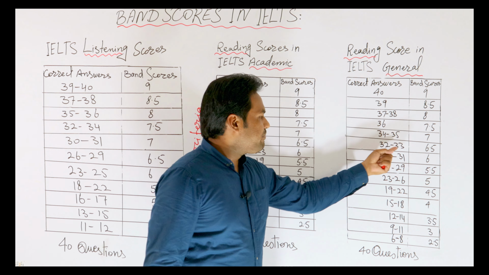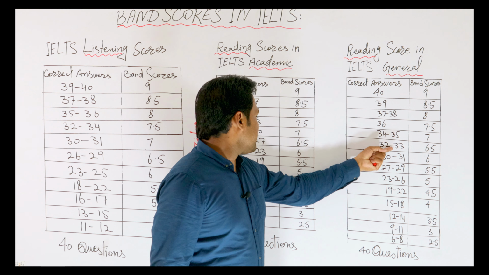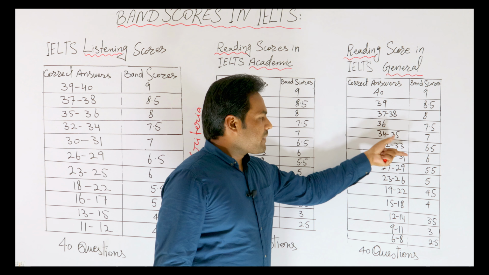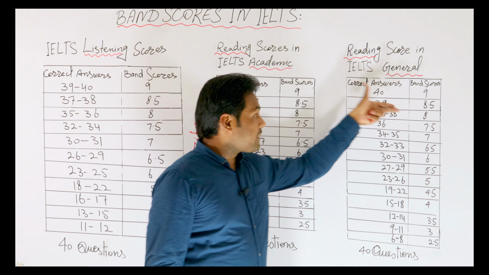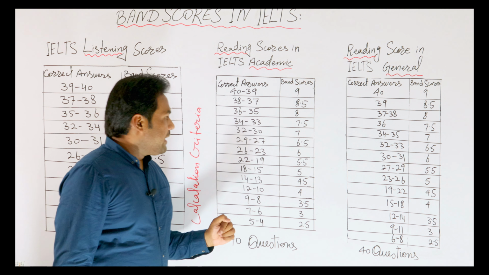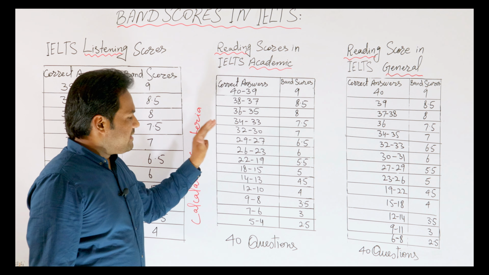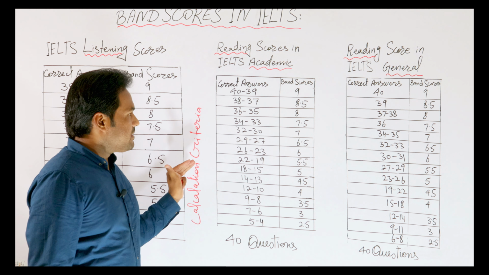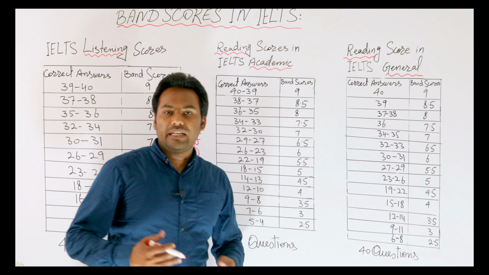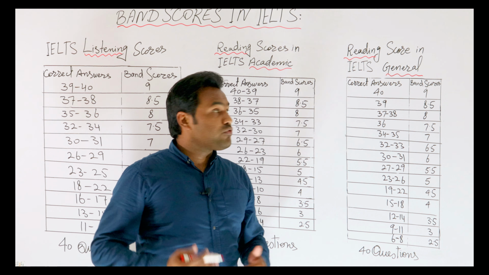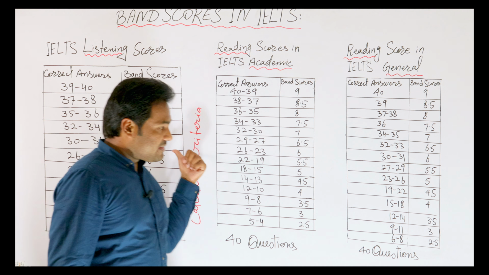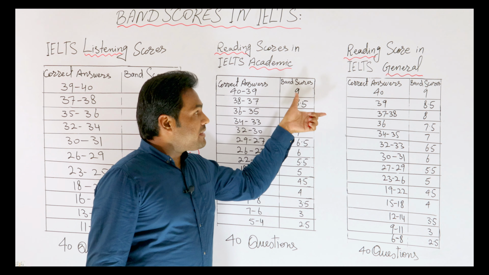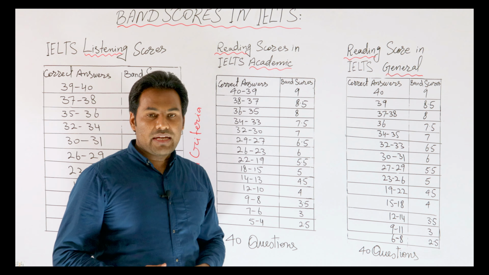On the other hand, you have to solve 32 to 33 correct answers to gain 6.5 in IELTS General. And only there is a slight difference. So this is the criteria of calculation of your band scores in the IELTS listening test and IELTS reading test.